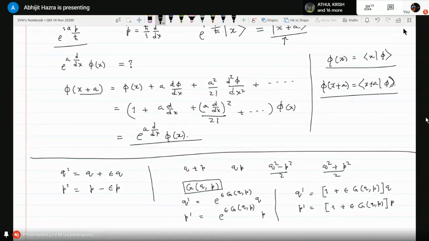In this particular case, I have g of q p from here. It has simply epsilon, that means equal to 1. This is with respect to p.